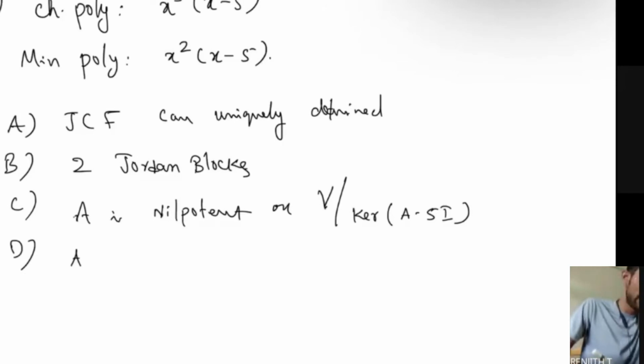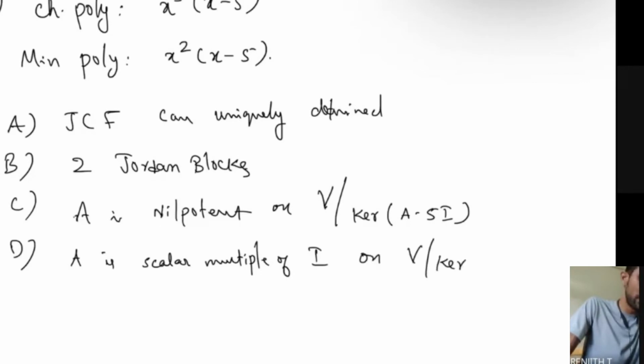D: A is a scalar multiple of I, equal to kernel A. Okay, this is a somewhat interesting question that came from Jordan canonical form.